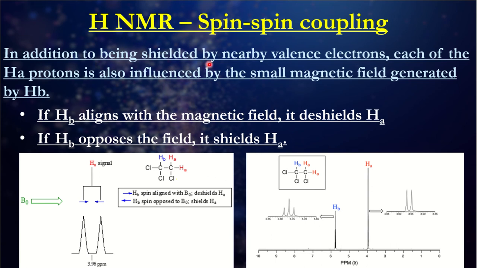So in addition to shielding by valence electrons, as you know, the shielding effect of valence electrons will mean that they will absorb some of the radio waves. If we use HA, or the alpha hydrogen as the example, let's say it's influenced by a small magnetic field by HB.